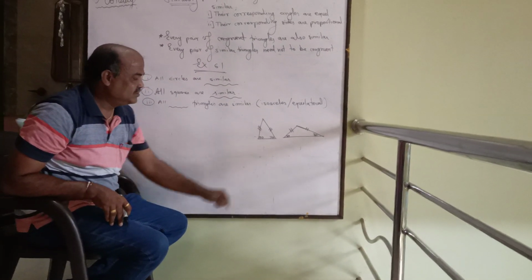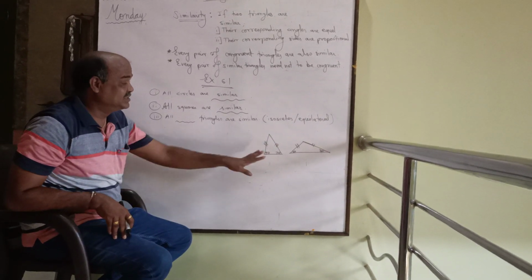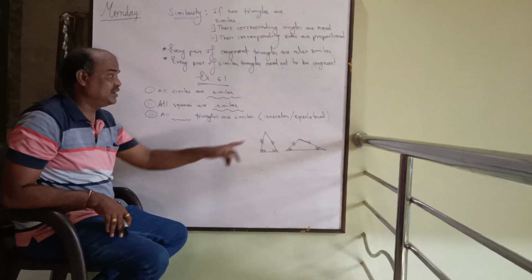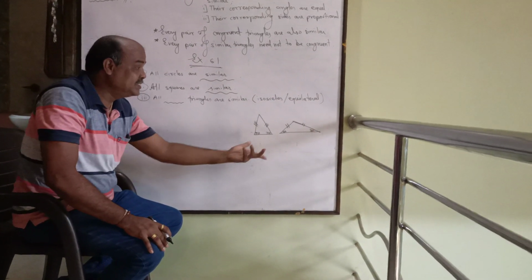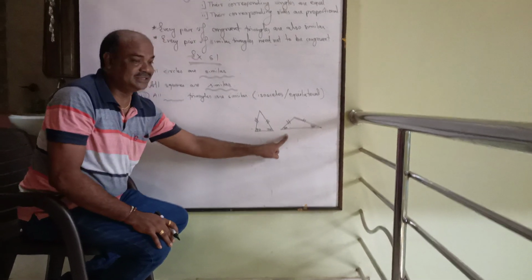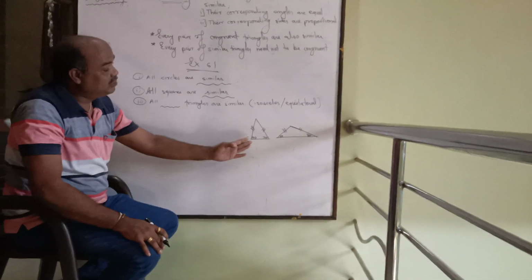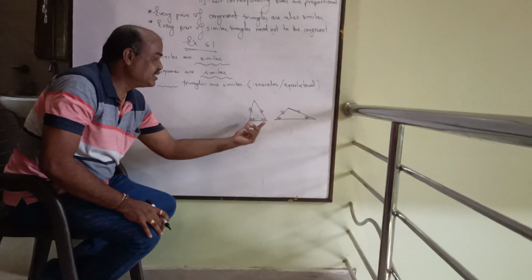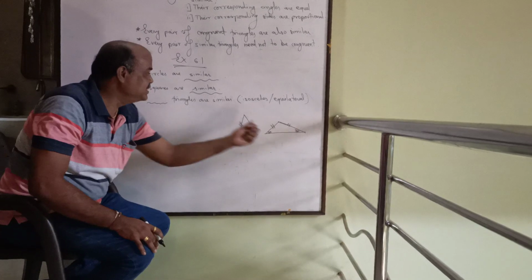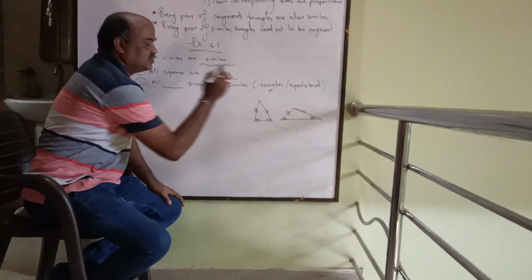You know that the angles opposite to the equal sides are also equal in an isosceles triangle. Here you can see 70 degree, 70 degree. But in the another isosceles triangle, the base angles are 30 degree and 30 degree. That means what? Although both triangles are isosceles, their corresponding angles are not equal. That means they are not similar. Means it is not possible.